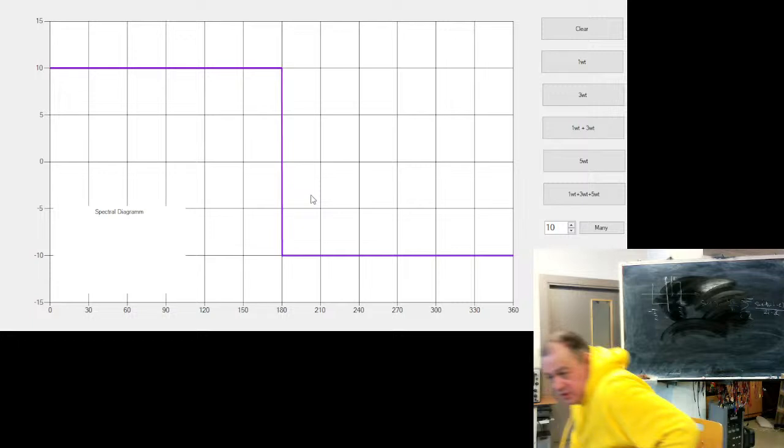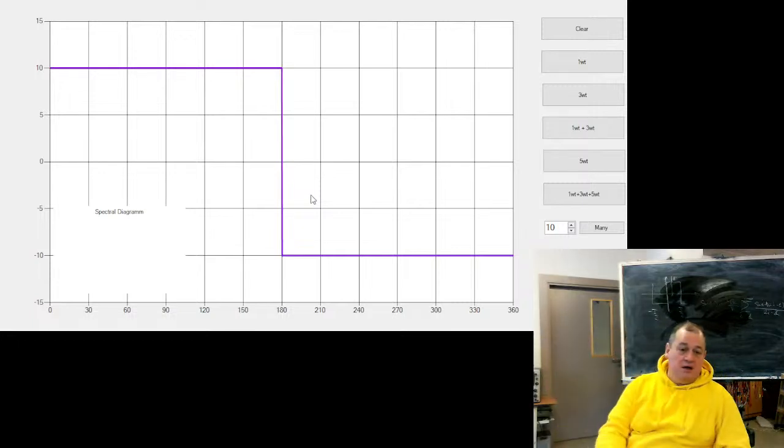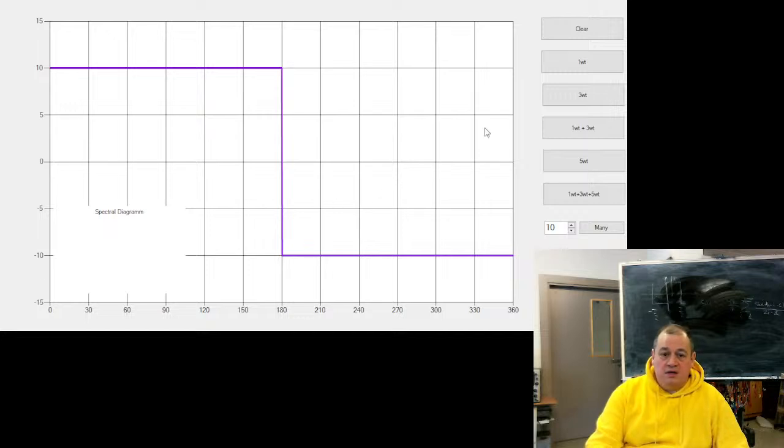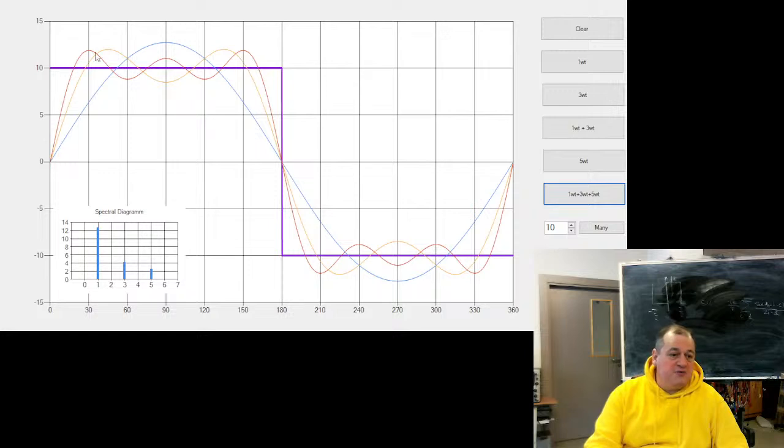And we limited ourselves to 3. So we get first harmonic, first plus third, first plus fifth.